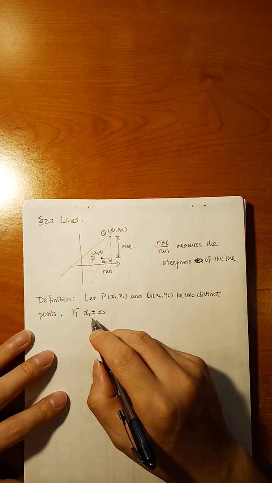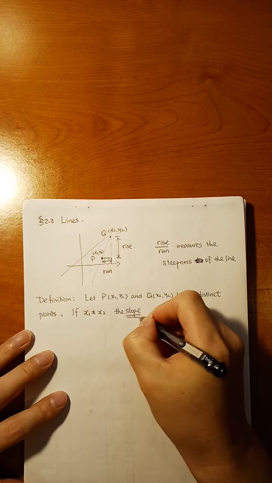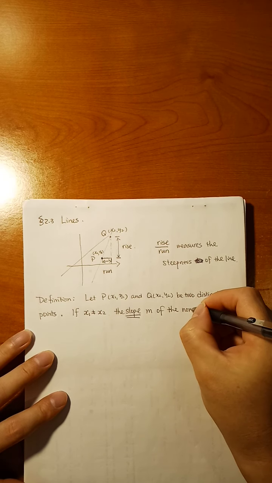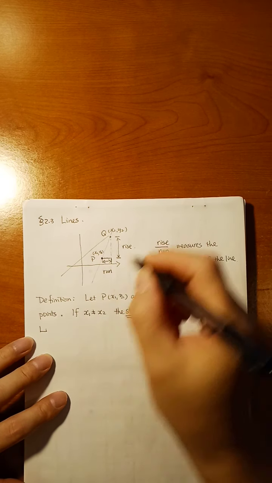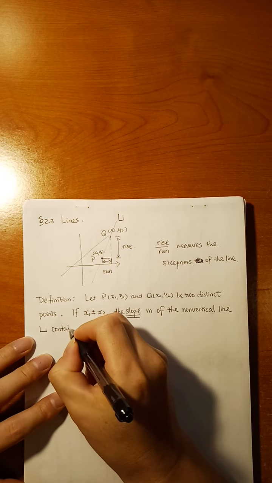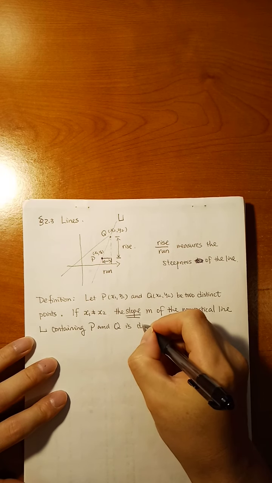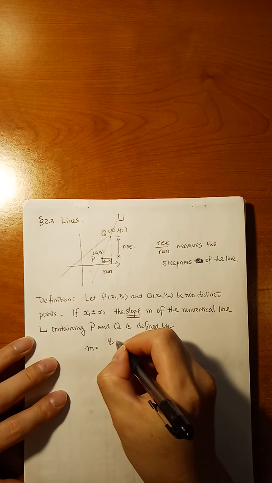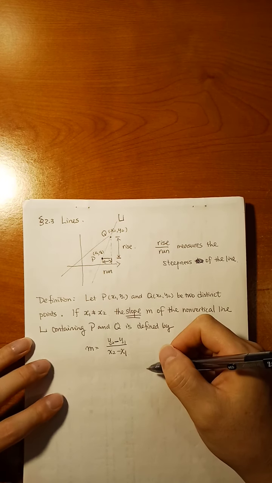Okay, if x1 is not equal to x2, this is the definition: the slope m of the non-vertical line L, so this line is called L, containing P and Q, is defined by slope equals y2 minus y1 over x2 minus x1.